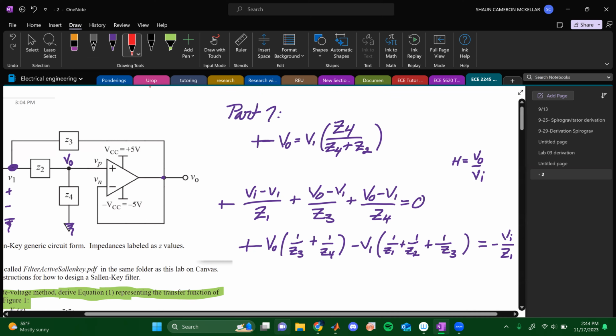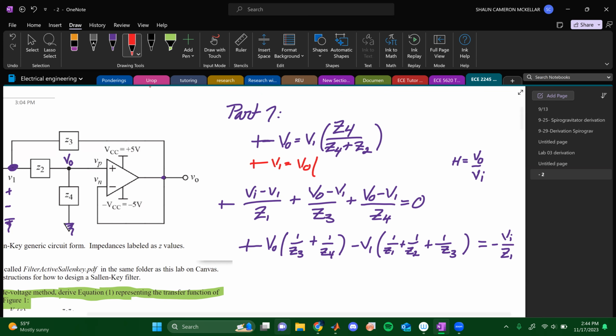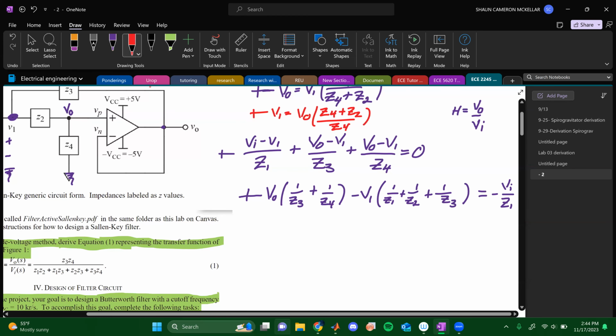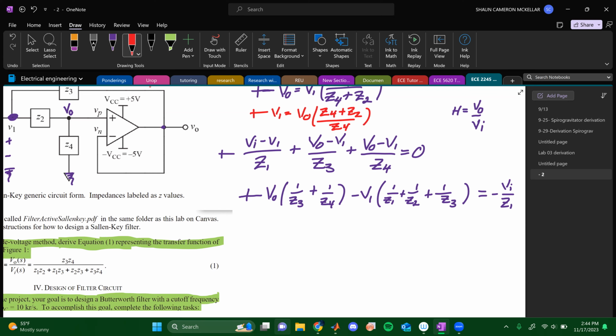So let's substitute that in. So I'm going to solve for V1. V1 equals V out times Z4 plus Z2 over Z4. And I can substitute that in right here, which is the next best step, I think.